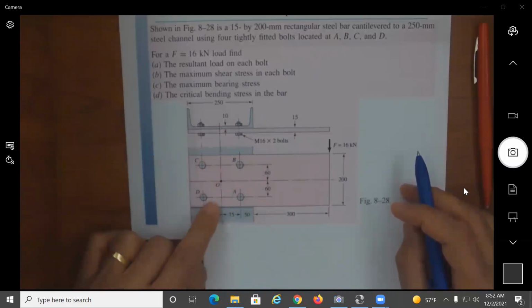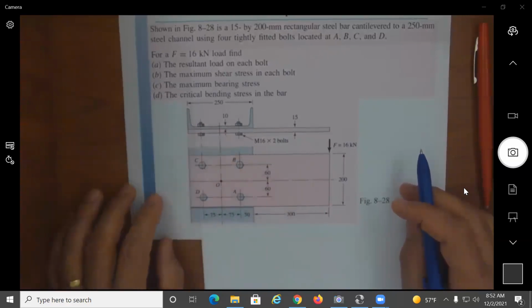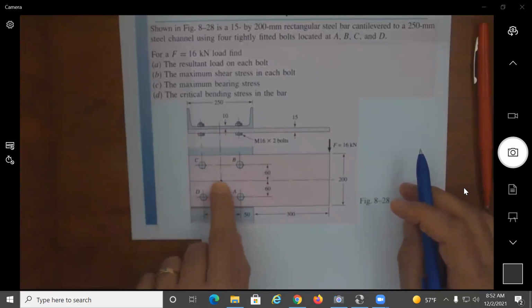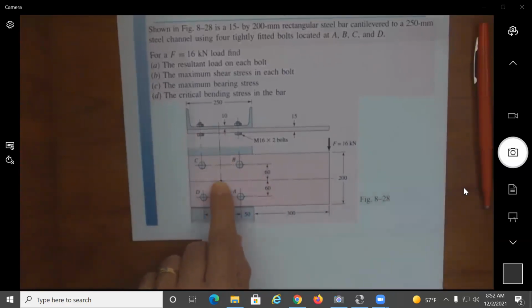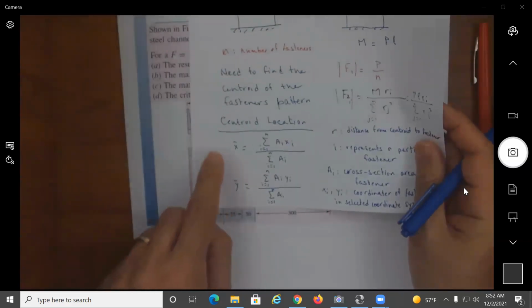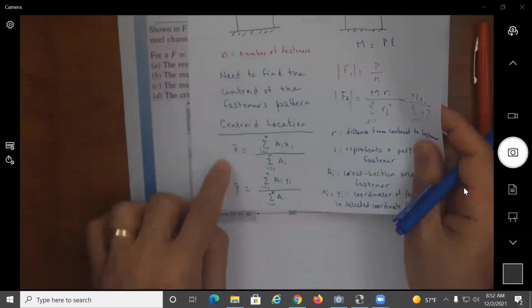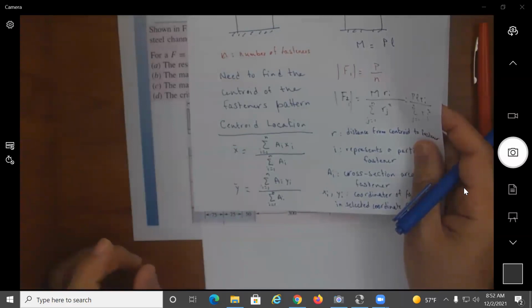Just by looking at this diagram, clearly we can construct 2 lines of symmetry for the array, and we can easily identify the centroid. With this being said, I have no need to use these 2 equations to find X bar and Y bar. These 2 equations are going to be used if we do not have lines of symmetry.